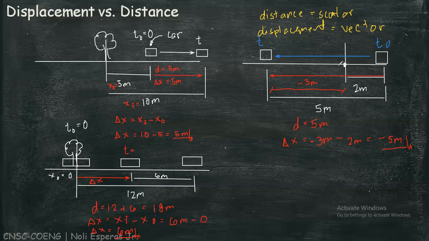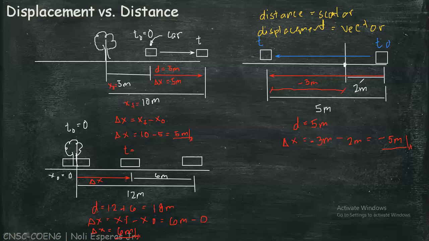As we can see in our third illustration, our displacement is -5. Why? Because negative means it's opposite of the positive direction that we have set.